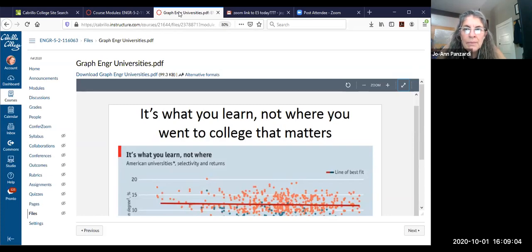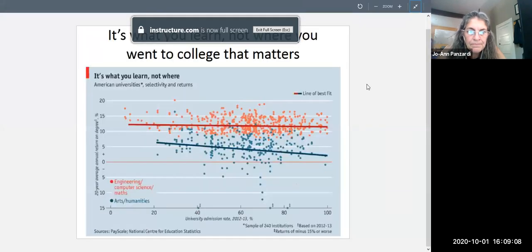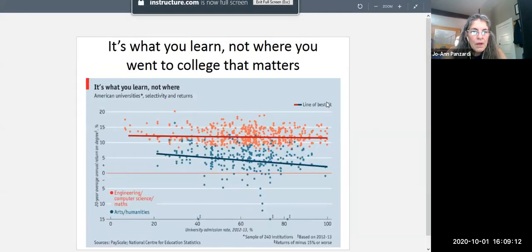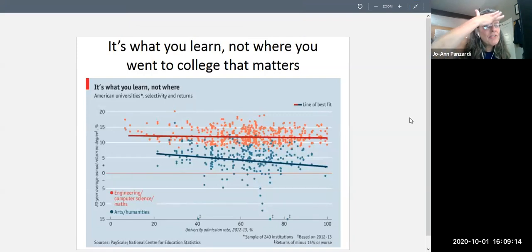I am going to make the screen a little bit larger. Whenever you're given a graph, the first thing you want to do is look at the axes. I tend to look at the x-axis first, and then I look at the y-axis. Look at the two axes, and then look at the legend.